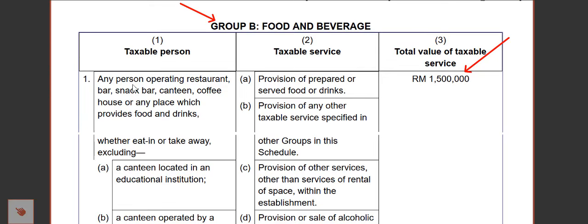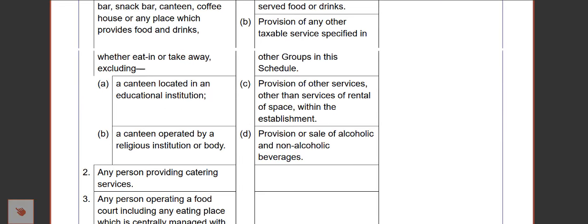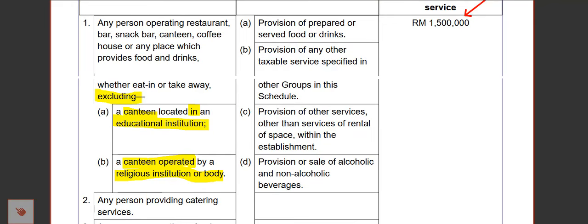It says any person operating a restaurant, snack bar or canteen, whether you eat in or tapao, but they exclude a canteen inside an educational institution and a canteen operated by a religious institution.